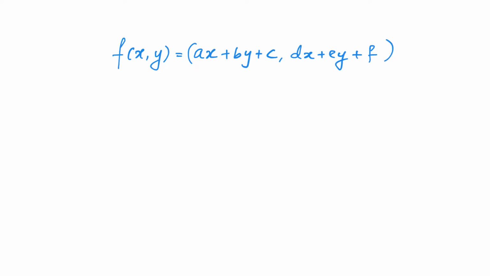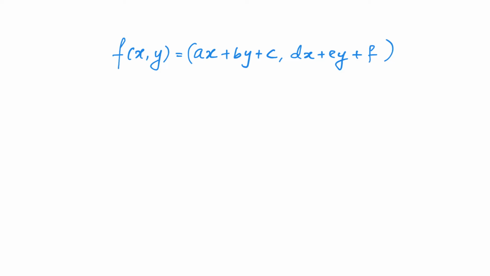Now we are finally equipped to prove the most general case, that is, functions of the form f(x, y) equal to (ax + by + c, dx + ey + f) take lines to lines or points.